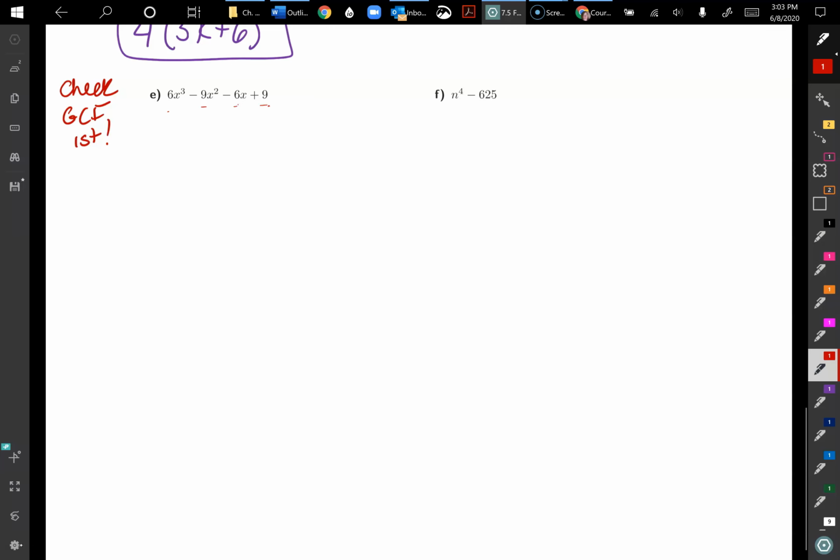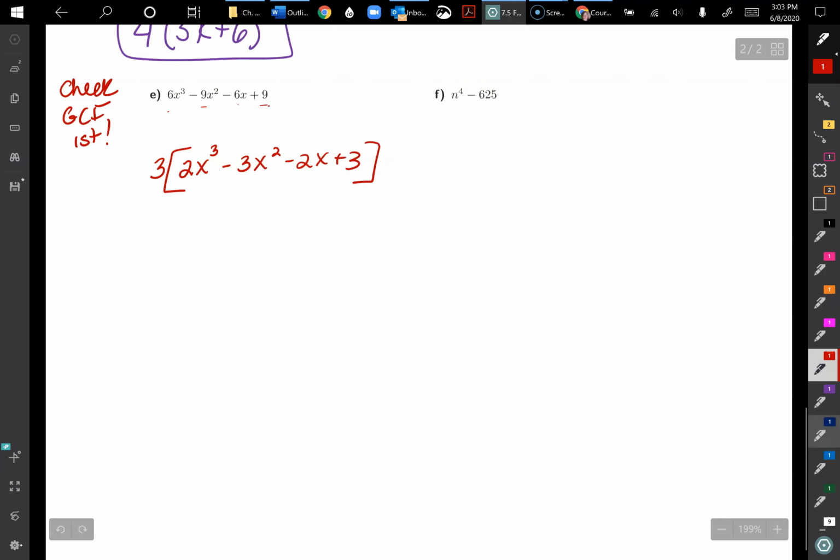So I can pull out the 3 and just put it in brackets so you don't get it confused and mixed in where you don't want it to be. I can pull out a 3 out of all of these. So then that leaves me with 2x cubed minus 3x squared minus 2x plus 3.